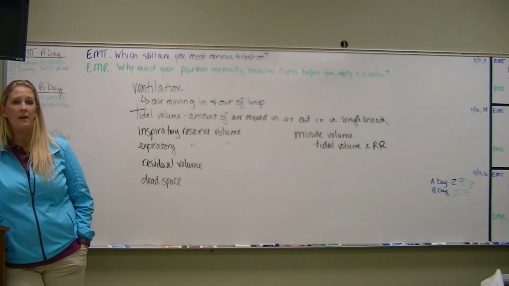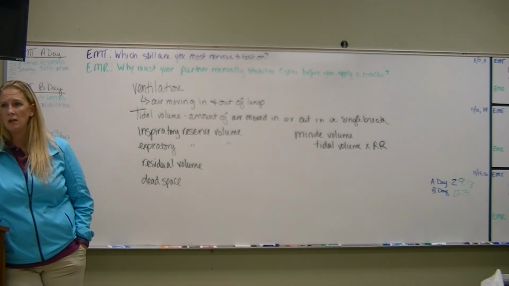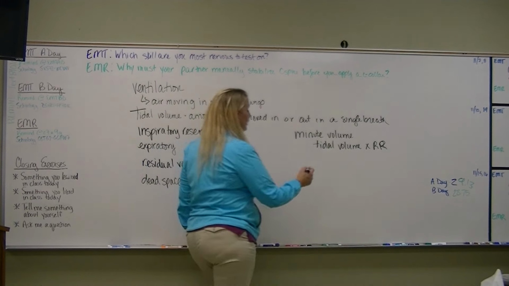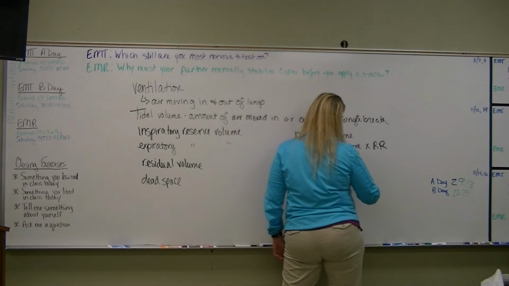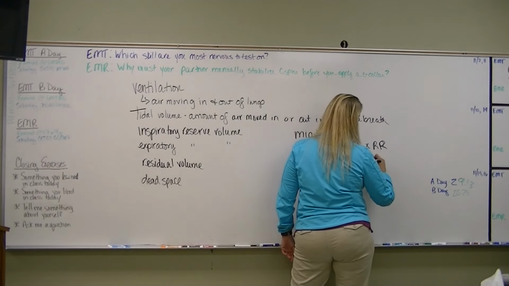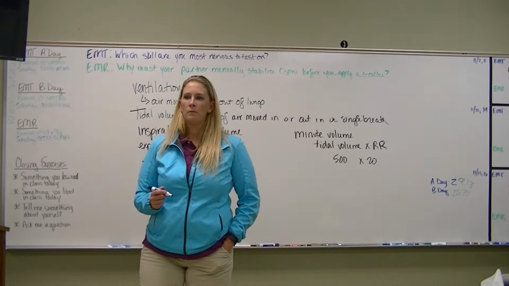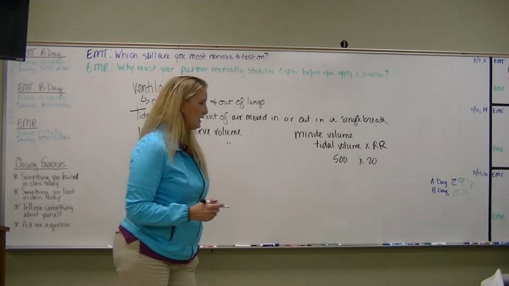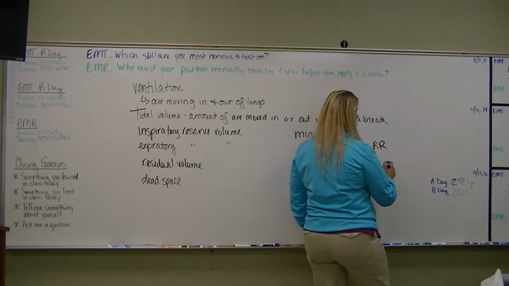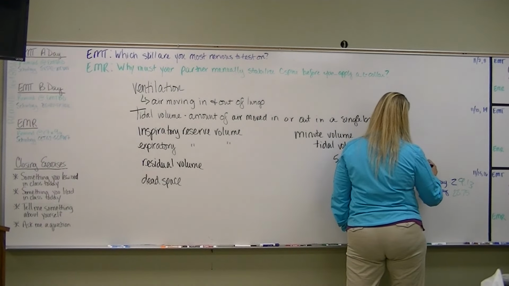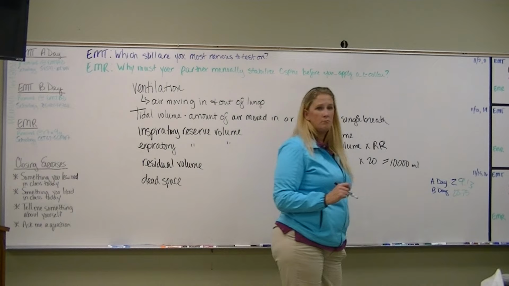Okay, so let's use 500 milliliters as a good amount of air exchange. So if we have 500 milliliters per breath, and we are breathing 20 times a minute, what is our minute volume? 10,000. So in a minute, we are exchanging 10,000 milliliters of air. That's pretty good.